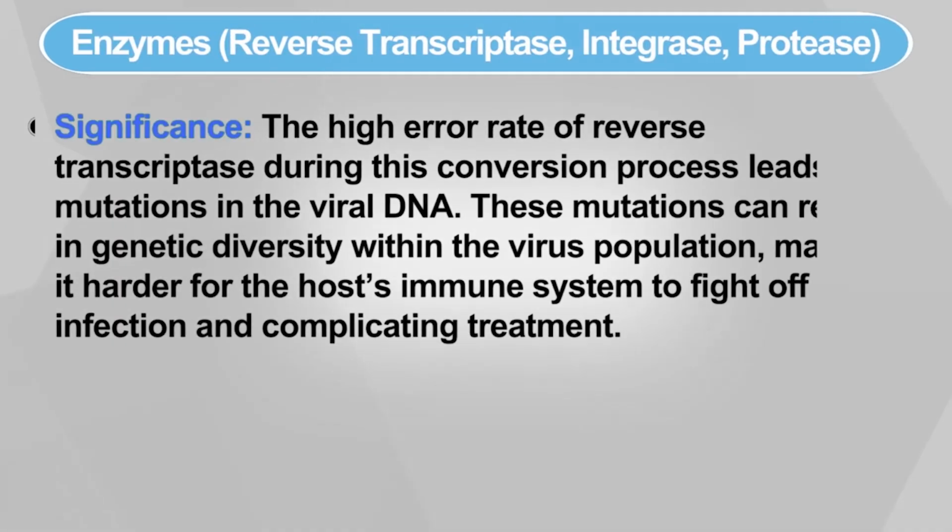The high error rate of reverse transcriptase during the conversion process leads to mutations in the viral DNA. These mutations can result in genetic diversity within the virus population, making it harder for the host immune cells to fight off the infection and complicating the treatment process.